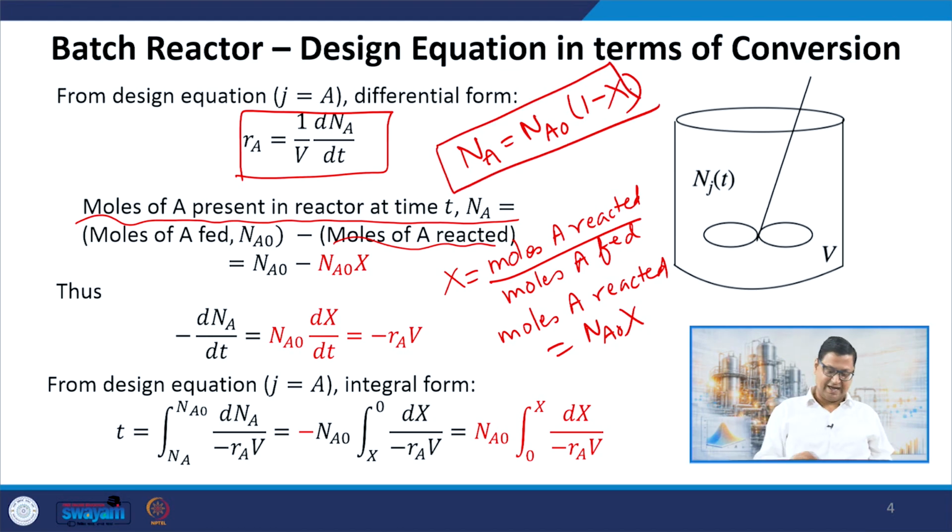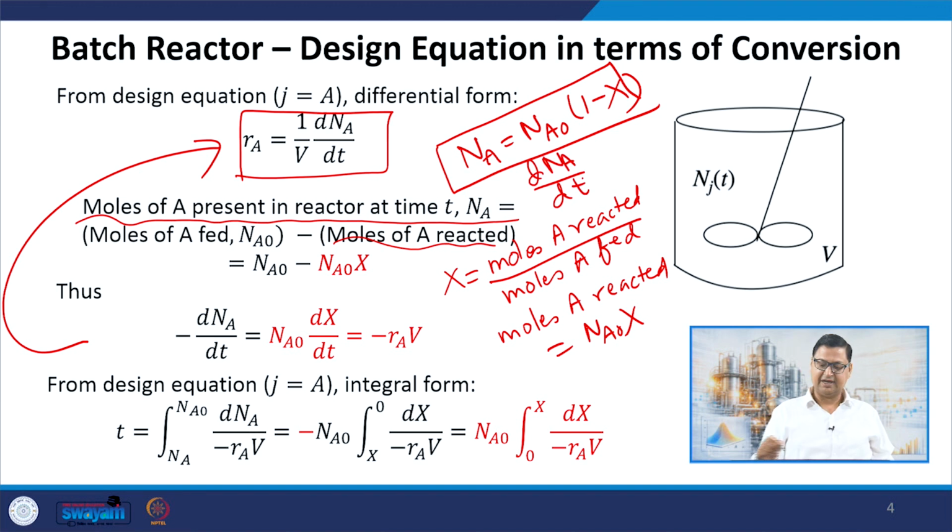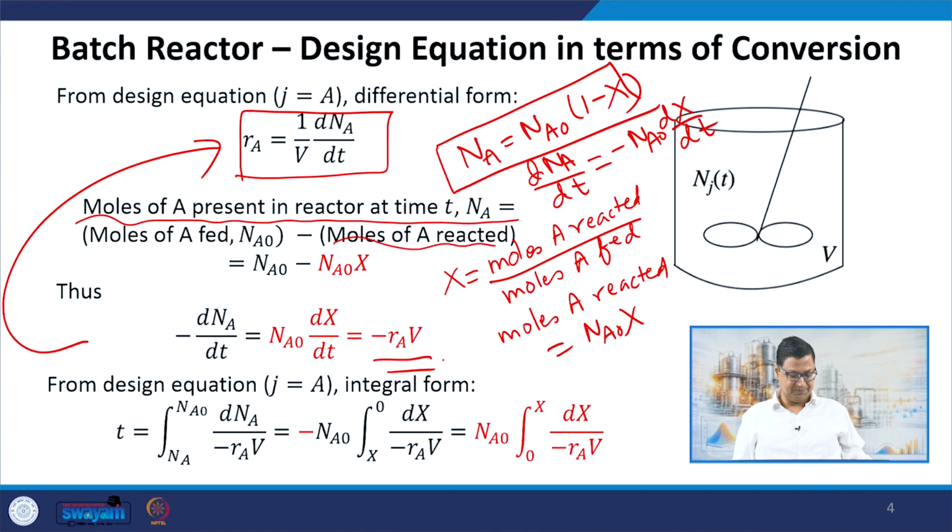Now, if I plug that into the equation that we have earlier obtained, dNA by dt can be written, Na naught is a constant here, as minus Na naught dx by dt, and that is equal to minus Ra into V. And now, we can also write the integral form by doing the same thing here.